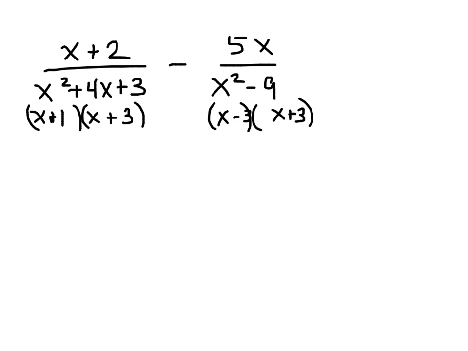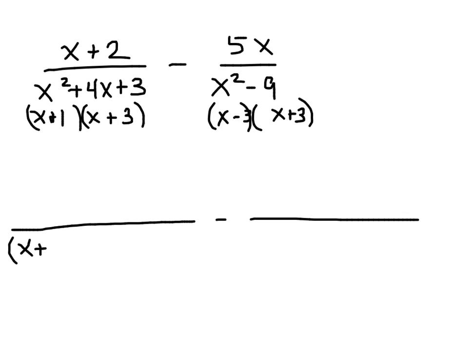Okay. So now when I go to write this out, again, step 2, write the common denominator. So when I do that, I'm going to write down every one from the first group. What is the first group? X plus 3 and x plus 1. Does it matter the order?